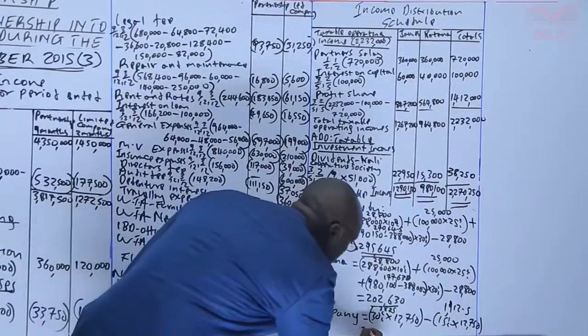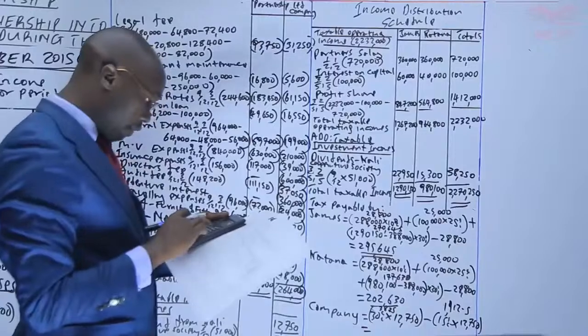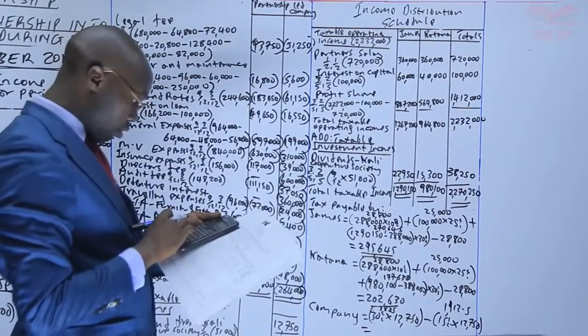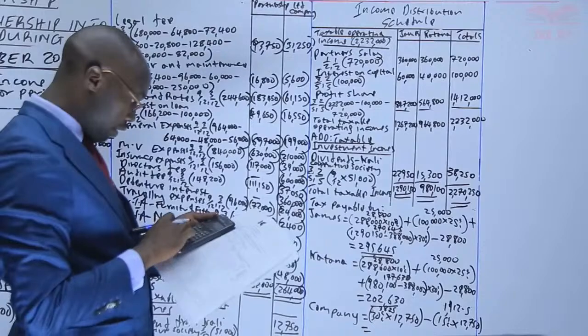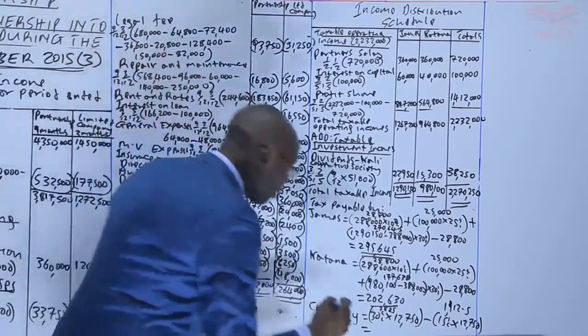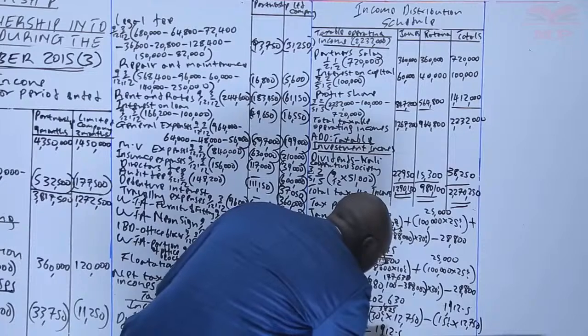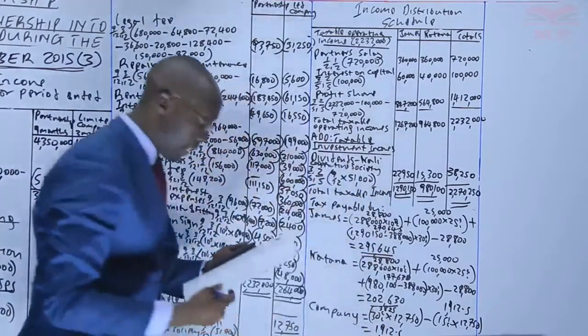So this is going to be 3,825, and then we minus 1,912.5, which gives 1,912.5, and that becomes the tax payable by the company.